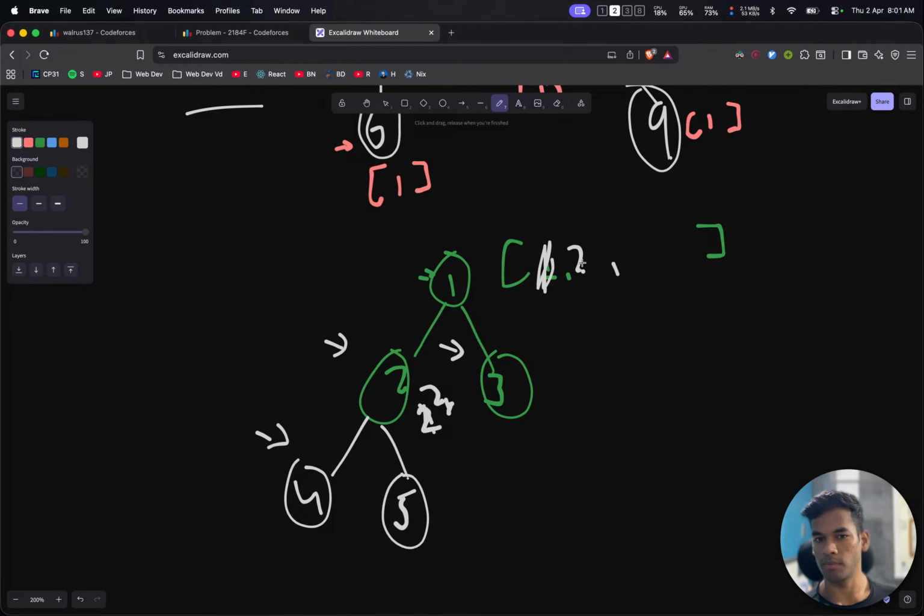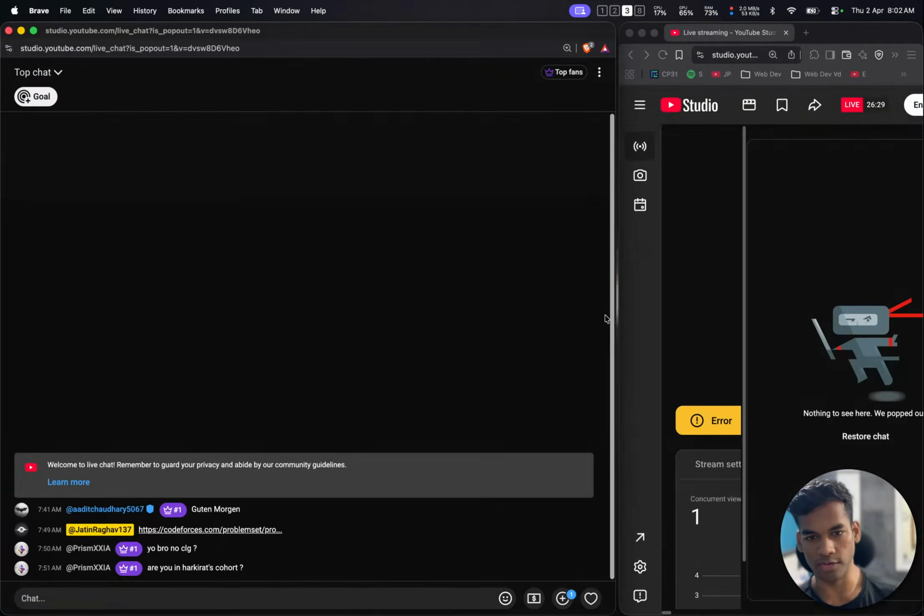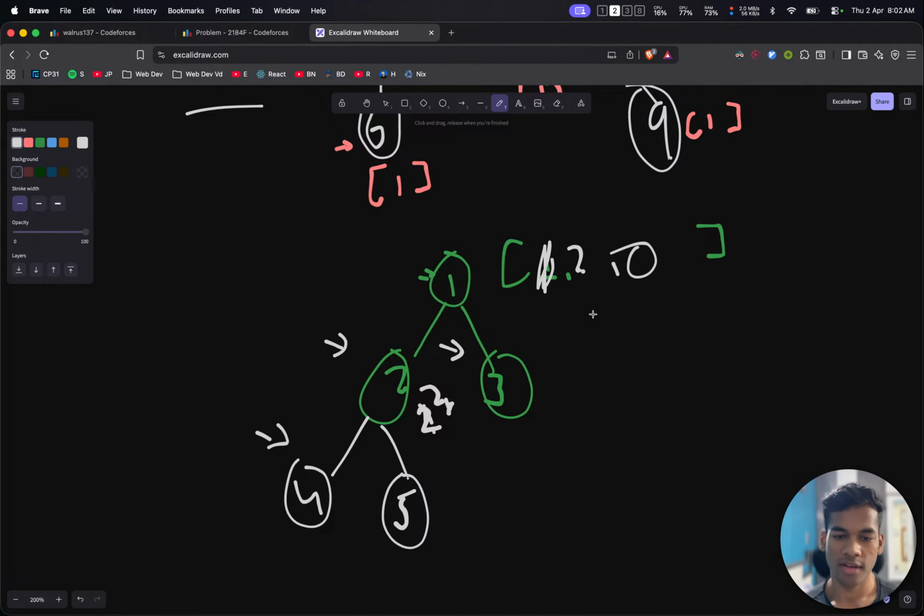Because of 2, 2 means 0. 2 plus 2 is 0. Like, obviously, 2 plus 2 is 0. Yes, of course. 2 plus 2 is 0.